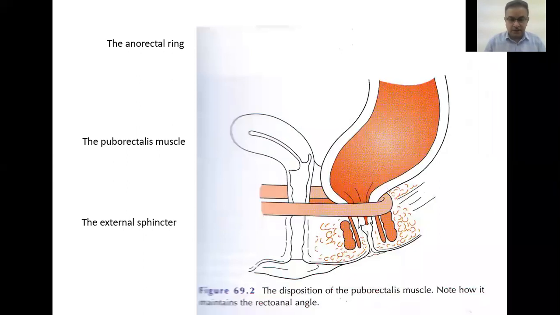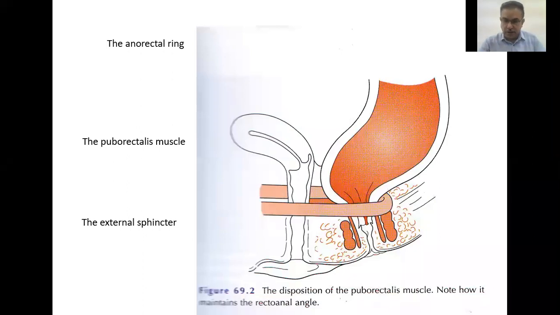I will start two lectures about the surgical disease of the anal canal, and after that, two lectures about surgery of the rectum. First, we look at this diagram. This picture is in a female.